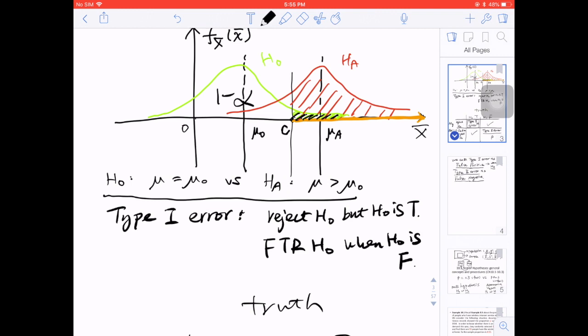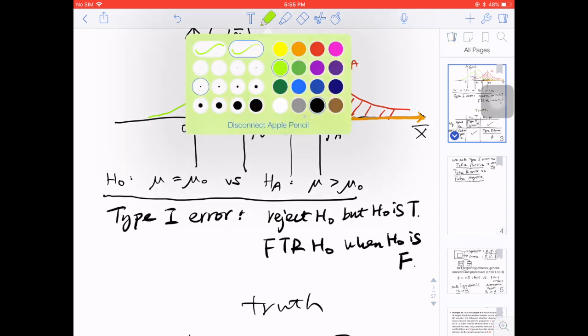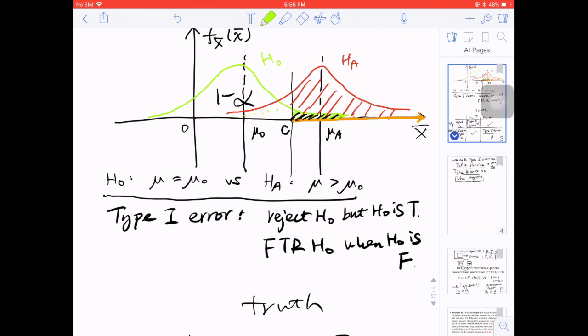And then you fail to reject H0, which means you're within this interval, because you did not fall into the rejection region.